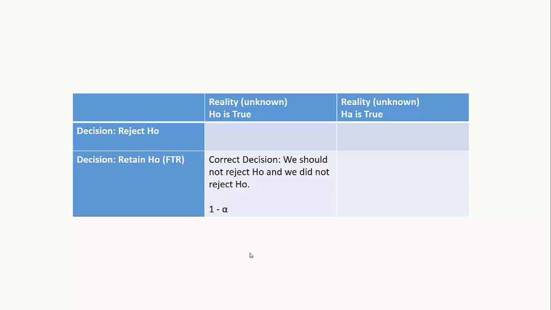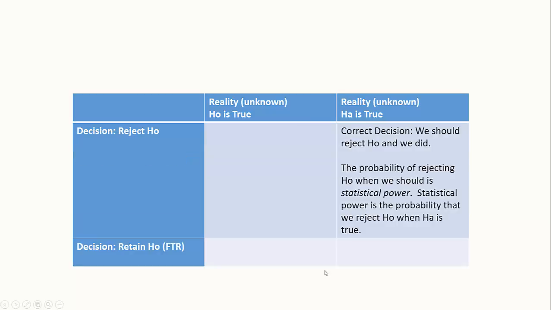And you can see here that the probability of that is 1 minus alpha. So if H0 is true and there's a 5% chance of getting it wrong, then there's a 95% chance of getting it right.